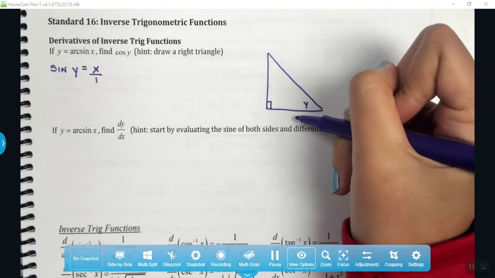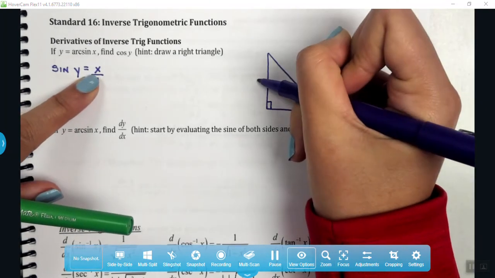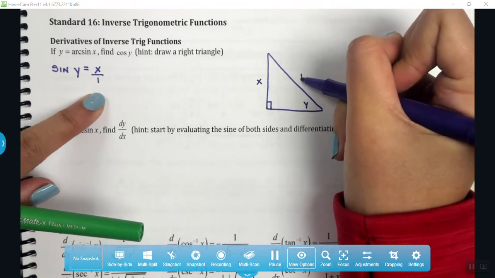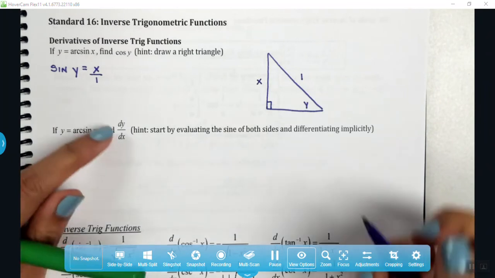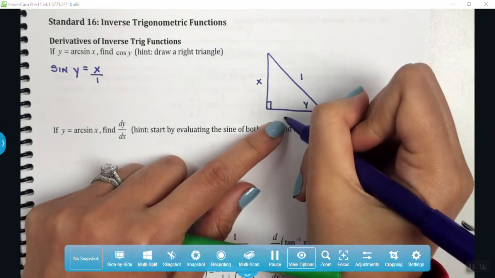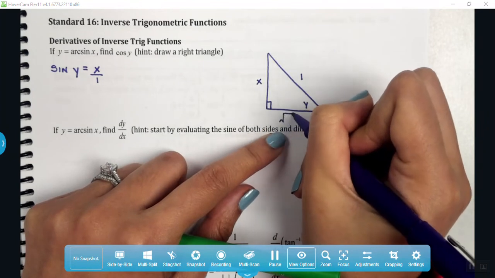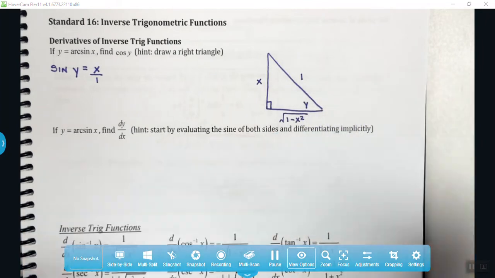So x, sine is opposite over hypotenuse, 1. Are you with me? Okay, cool. And then how do I find this side? This is square root of 1 minus x squared, right?